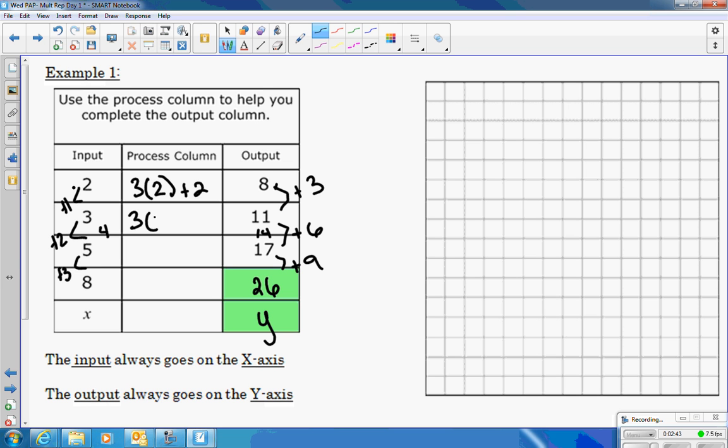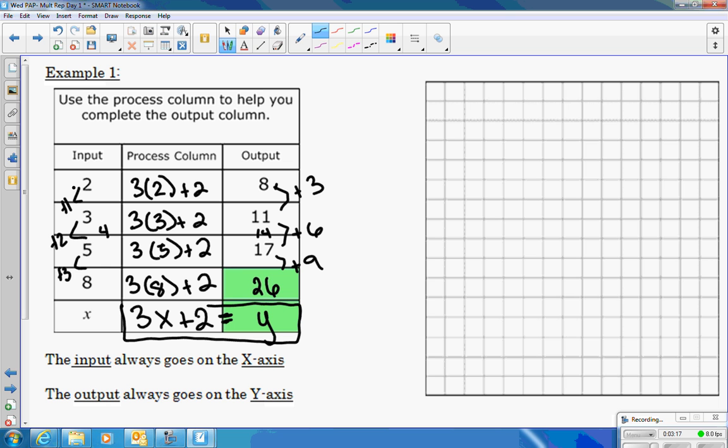So 3 times 3 is 9, plus that 2 makes 11. 3 times 5 is 15, plus the 2 makes 17. 3 times 8 is 24, plus the 2 gives me my 26. So when I write my equation, if the term number is x, we're going to add 2 to it, and that's going to equal y. So this table helps you come up with an equation that we are now going to graph.